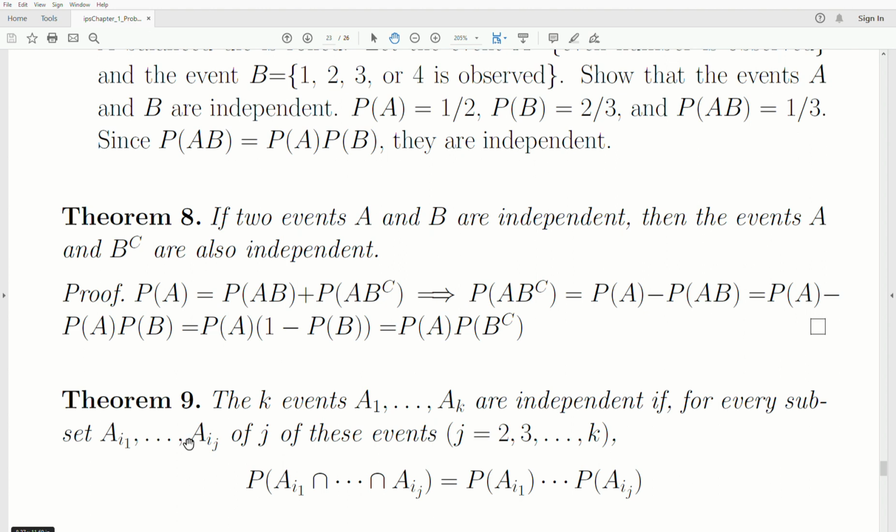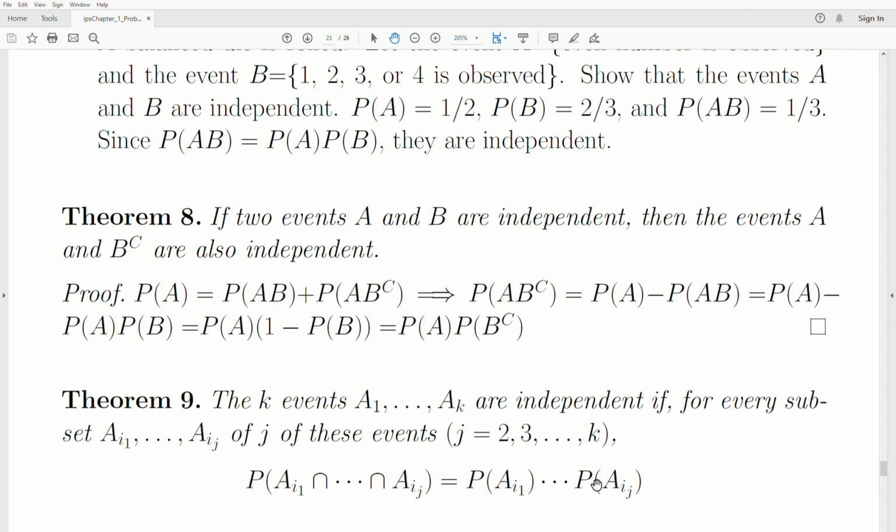That's the subset of the original K. There's only 2 of them. But when J is 3, then there's 3 subsets here. And however many sets you pick in that subset, the probability of their intersection has to equal the product of the marginals.